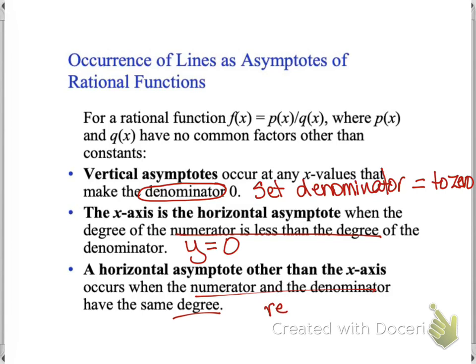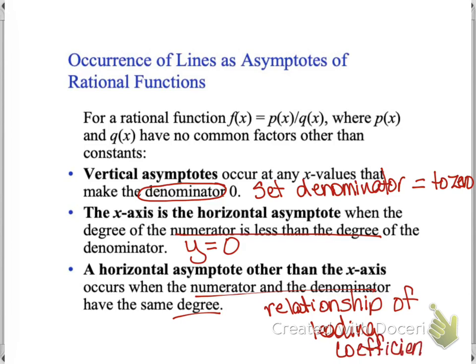And then you are looking at the relationship of leading coefficients. Can I go to the next screen? We got one more screen.